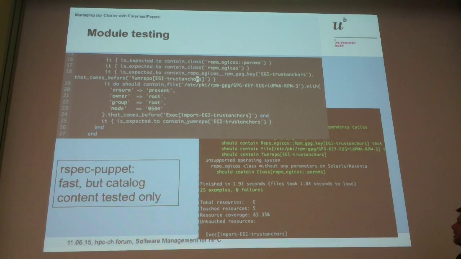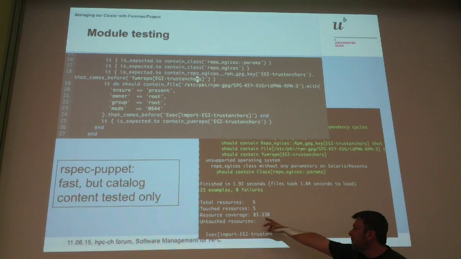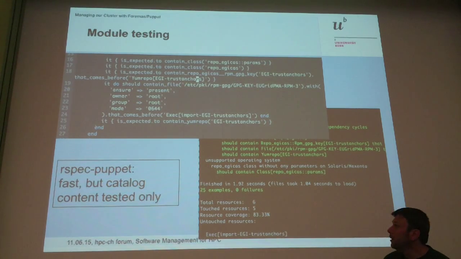And the nice thing is, you see if it works, and the tests are done for different operating systems. And you also see, apparently, my tests are not good enough: this resource is not tested. It's fast, but it's only building a catalog and checks if the resources are there. Nothing is applied on any server, it just checks if the catalog compiles correctly.